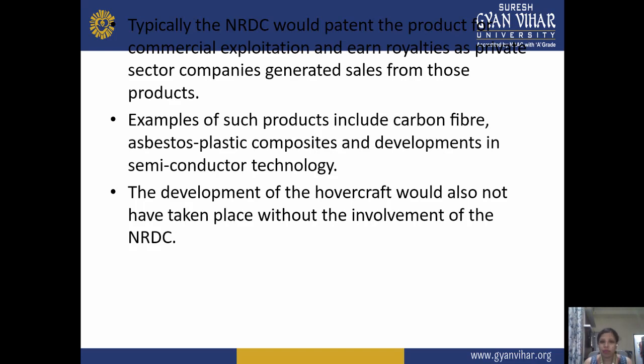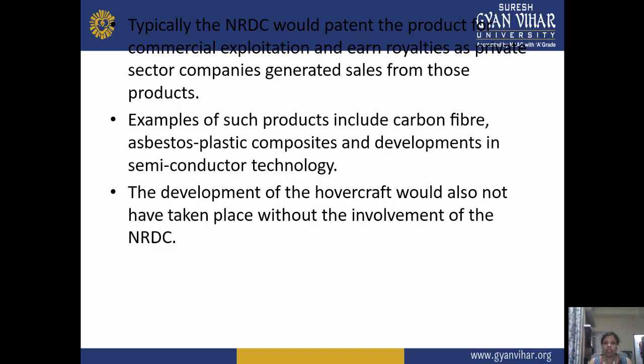Typically, the NRDC would patent the product for commercial exploitation and earn royalty as private sector companies generated sales from those products. NRDC was basically working on patents. Examples of such products include carbon fibers, asbestos plastic composites, and developments in semiconductor technologies.